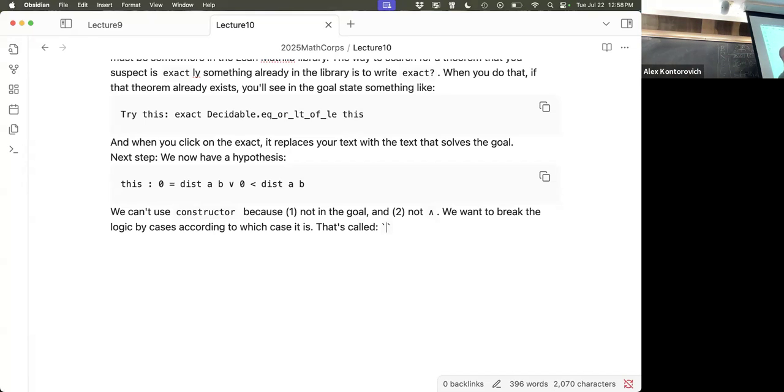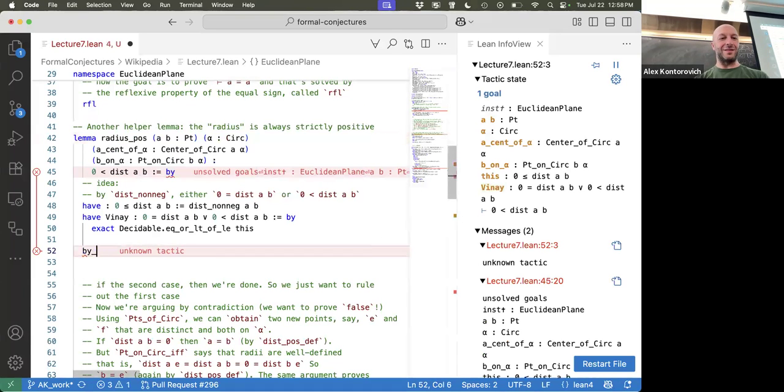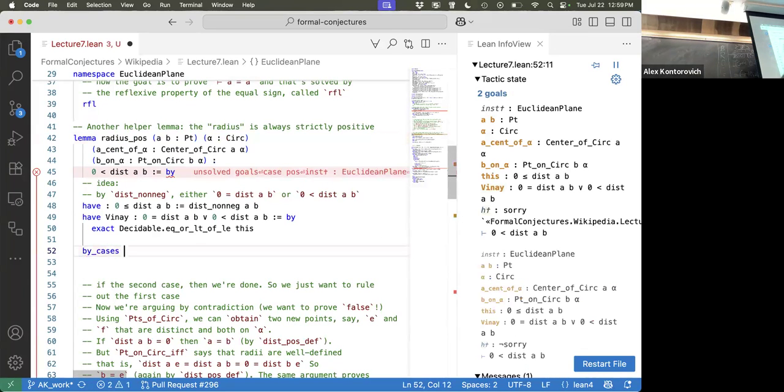If you want to break something by cases, it's called by_cases. That's called by_cases. So we do by_cases. So basically, constructor is for goals. If we do by_cases, it breaks apart the goal-like statements. Well, let's think about this logically.